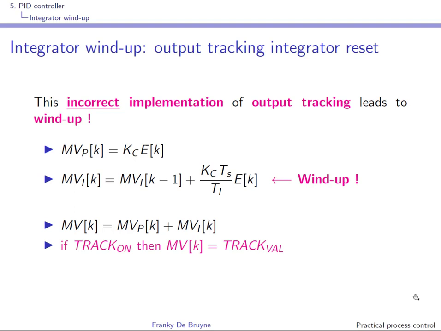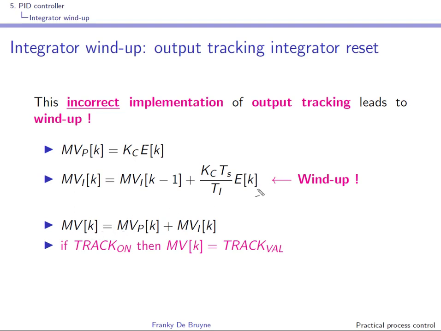But you can see that there will be a problem because you'll have wind up of the integral action. If you have your controller in output tracking mode, then the feedback mechanism is broken and MV has no influence. This MV that is produced over here has no influence anymore on PV.